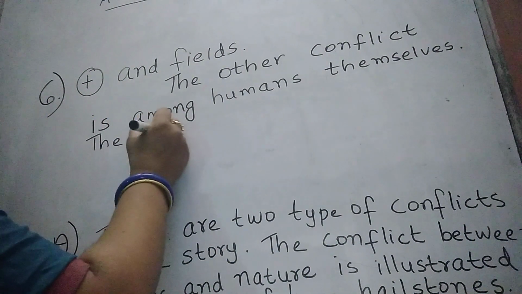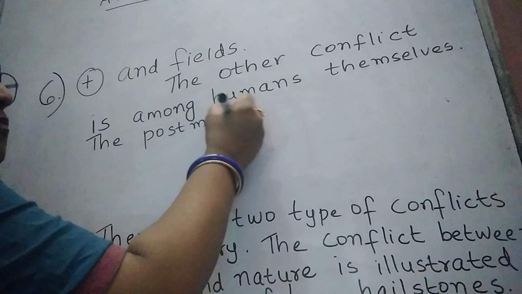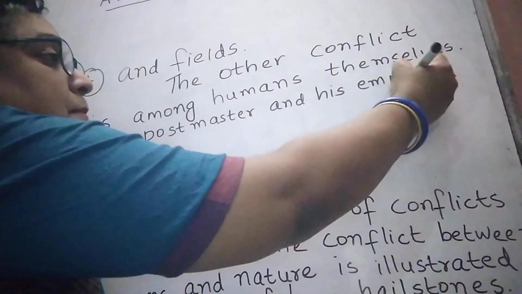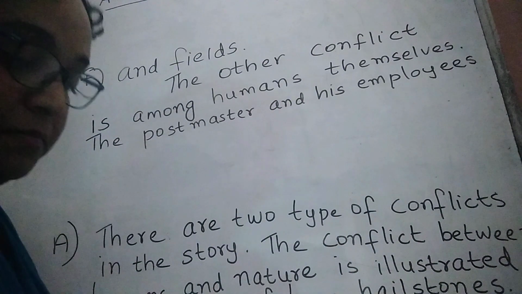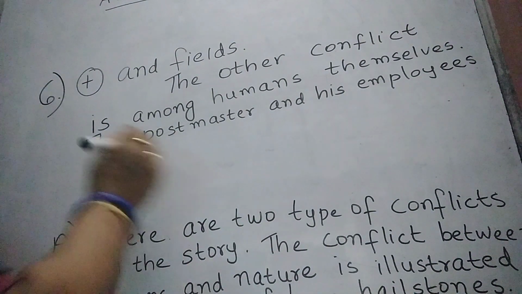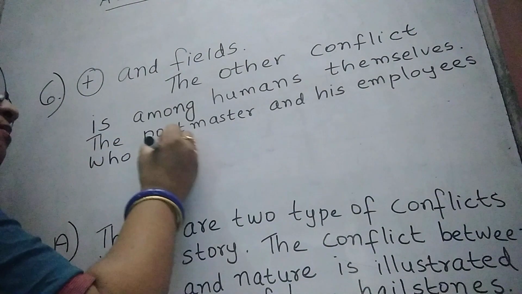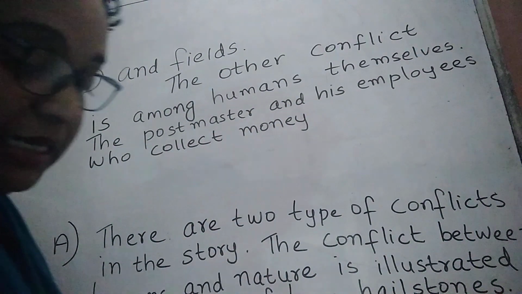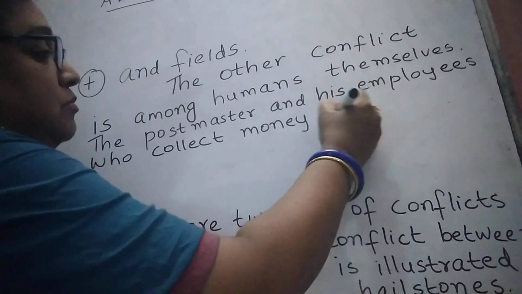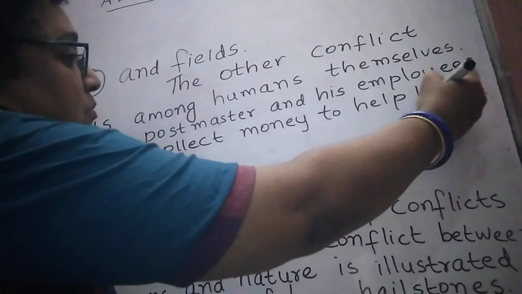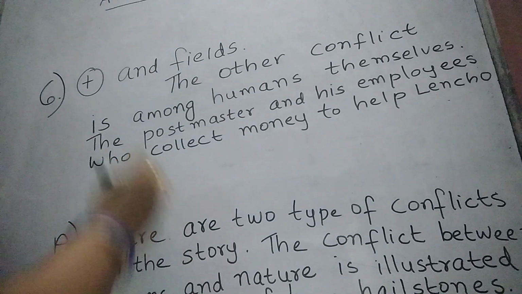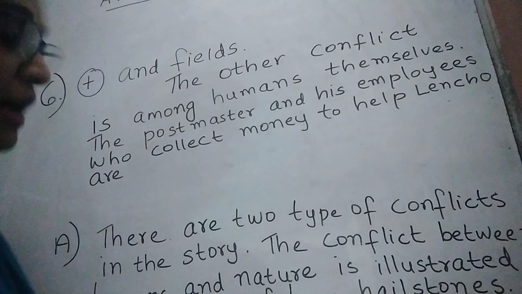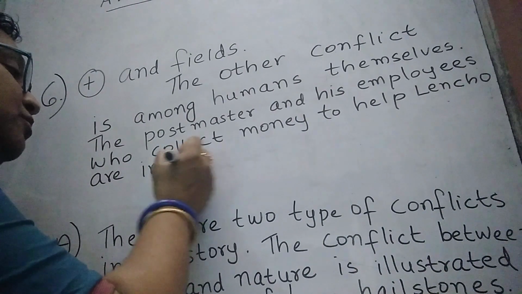The postmaster and his employees who collect money to help Lenjo are, ironically, we studied earlier about irony, mentioned in the story, isn't it?